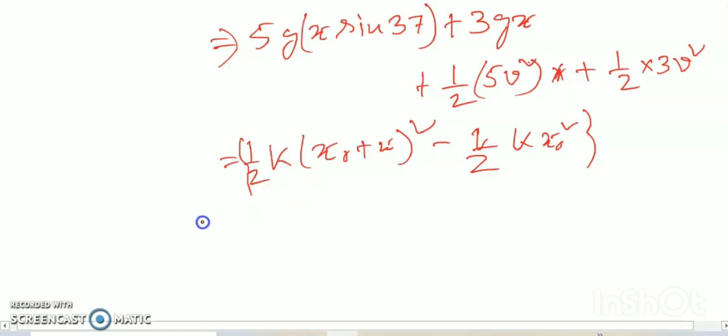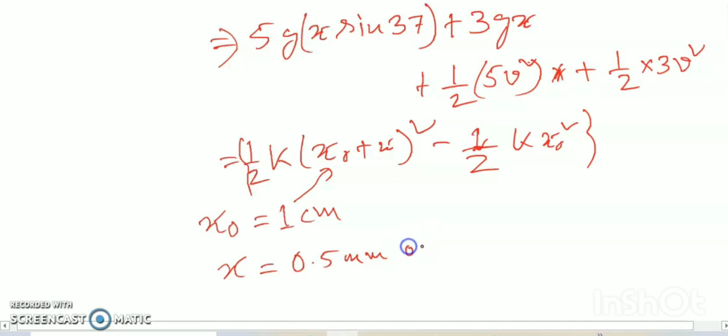Putting the value x0 equal to 1 centimeter in here, and calculating, because time is very small, we get 0.5 millimeter or 5 centimeter.